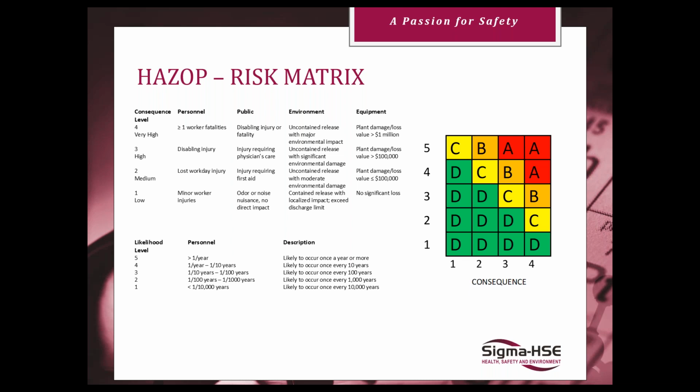Obviously, a low consequence is allowed to have a higher likelihood and be considered acceptable, whereas a higher consequence requires a lower likelihood, with the worst being that a fatality can only occur once every 10,000 years to be within what's normally considered industry standard for acceptability.